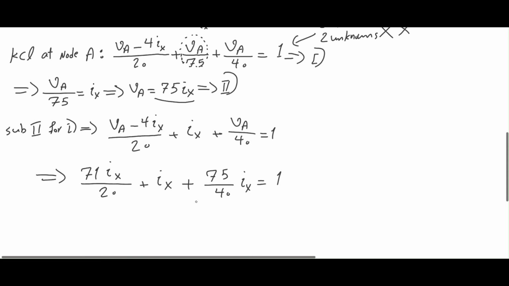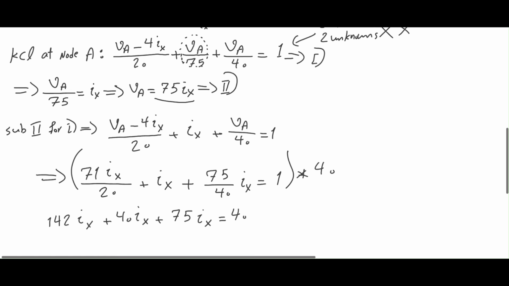If I find Ix from here, then I can find VA, then I can find Vtest, which is nothing but the same as VA. So I'm just going to multiply both sides of the equation by 40 to make it simpler. So 40 and 20 cancel out, and this value will be multiplied by 2, and become 142 times Ix plus 40 Ix plus 75 times Ix equals 40.